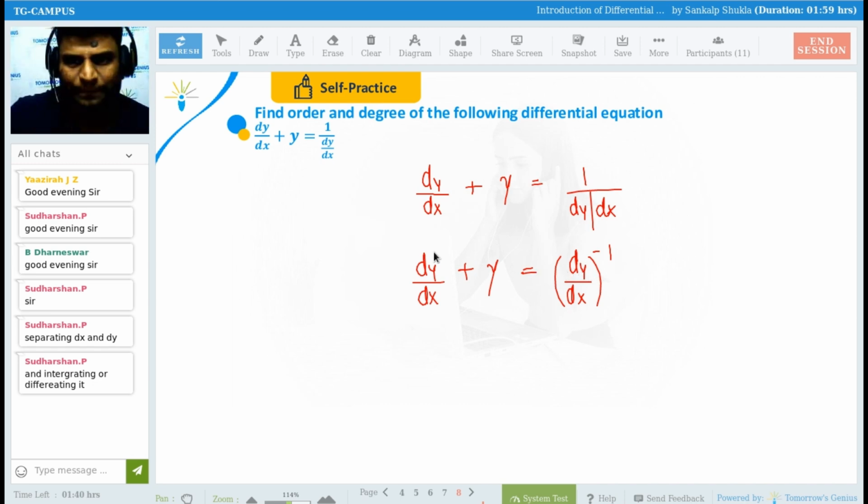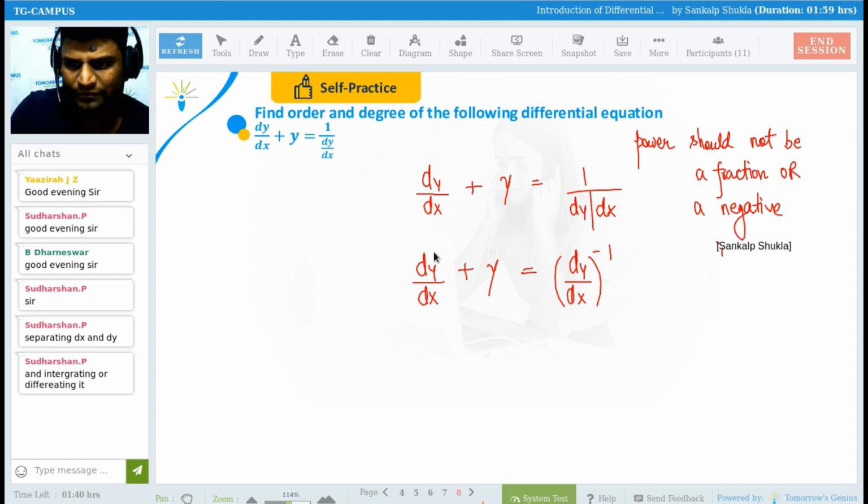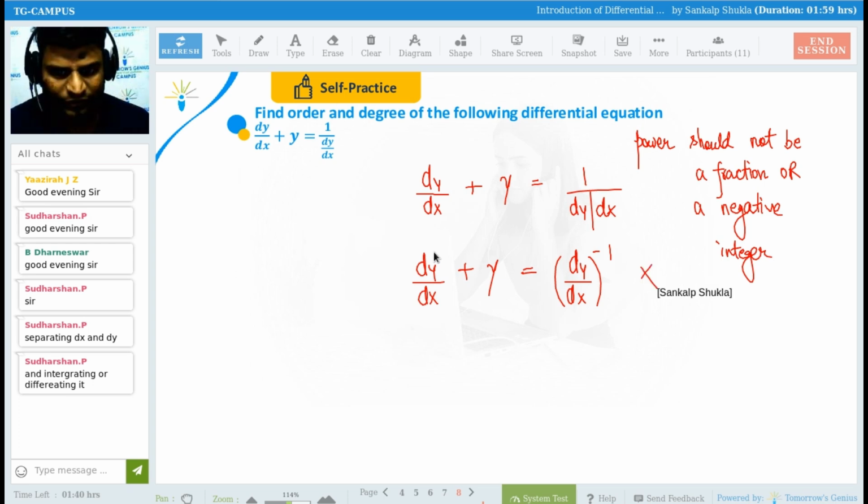But I have said this: power should not be a fraction or a negative integer. So this is right now not the correct format, so we cannot proceed for degree.